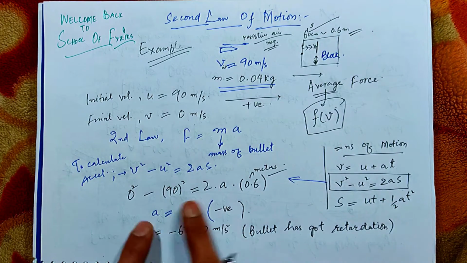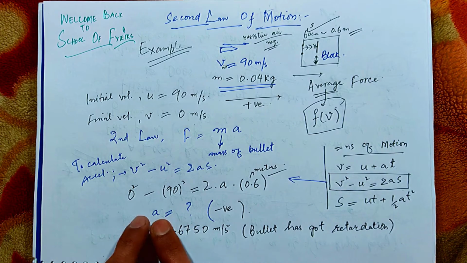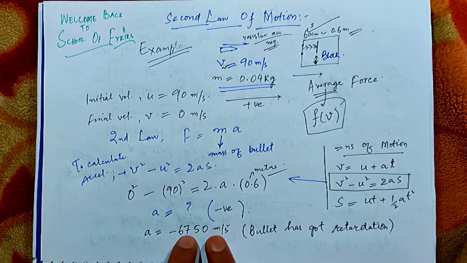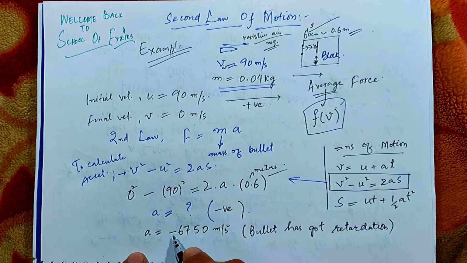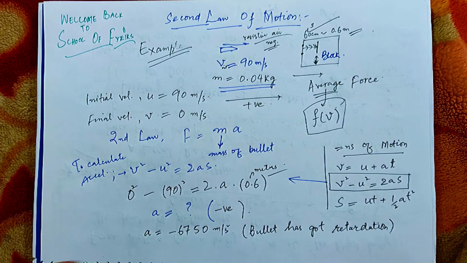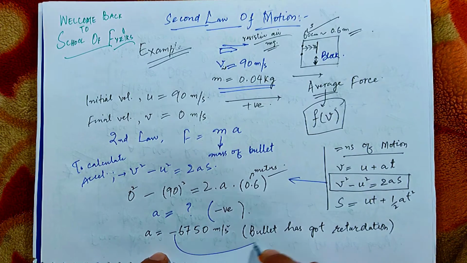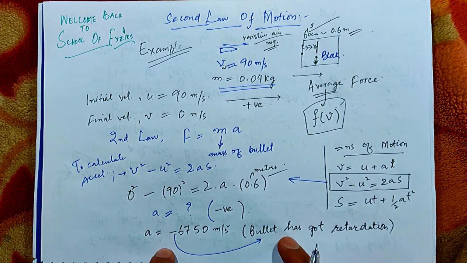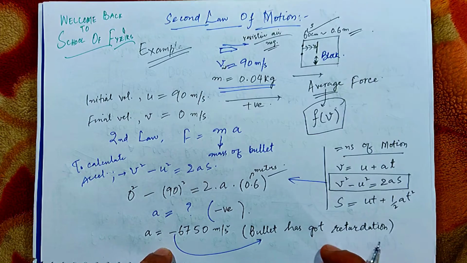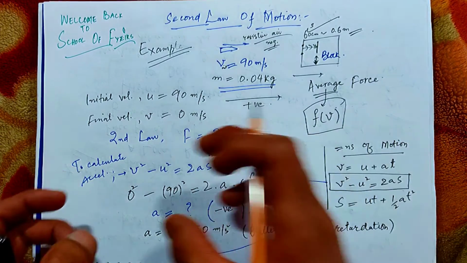After substituting we will get the acceleration as this calculated result, but here we get a minus sign, and that indicates that the bullet has got retarded, that is the acceleration in the negative direction.